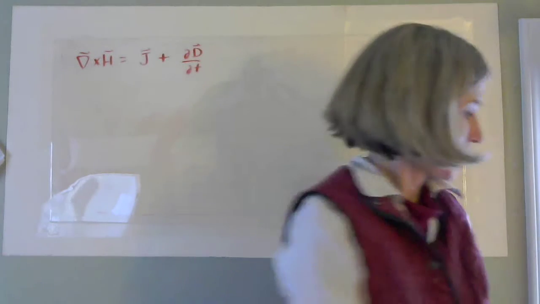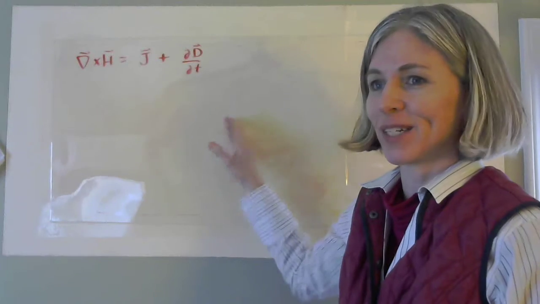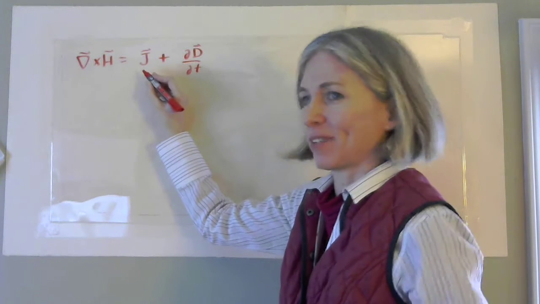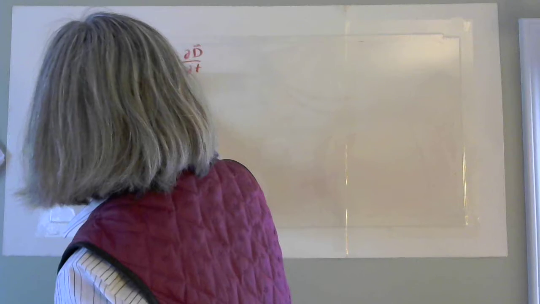All right, time to look at the different terms of this and put them in a little more familiar territory. Ampere's law has this J. We sort of have an inkling of what that is. J is current density coming from conductivity in a material. Conduction current density.